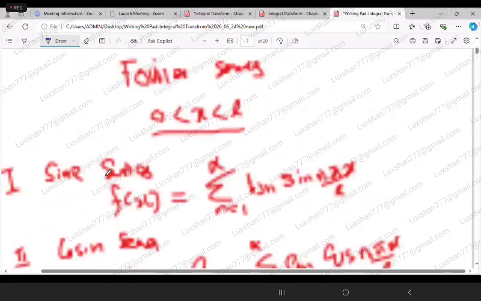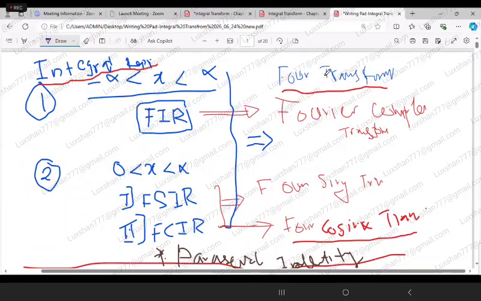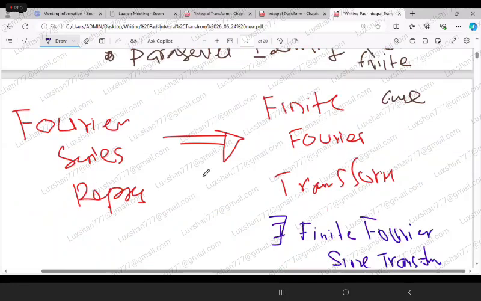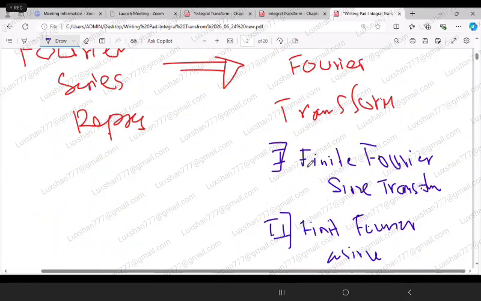Now, like here, using the integral representation, we are defining the Fourier transform. Here we have 3 types. But fortunately, in the case of Fourier series representation, we have only two types of finite Fourier transform. One we call the finite Fourier sine transform, and the other the finite Fourier cosine transform.